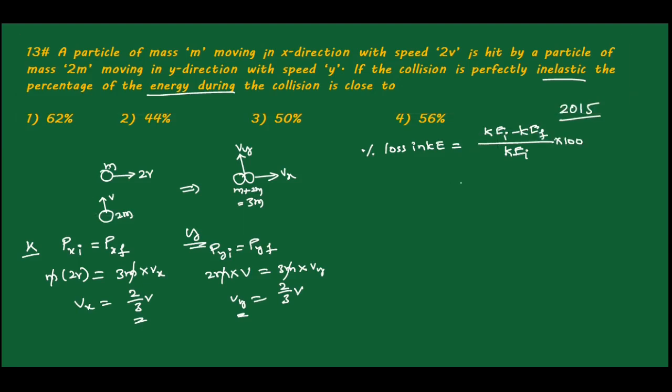Fine. Now, we don't know the kinetic energy initial, so for that let us consider here. I'm writing here kinetic energy initial, that is half of m(2v)^2 plus half of 2m(2v)^2, this one.